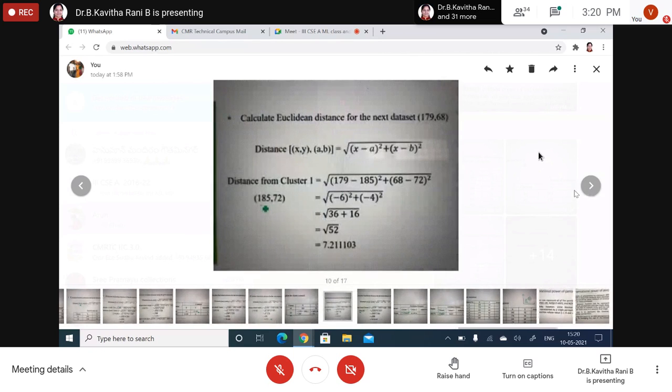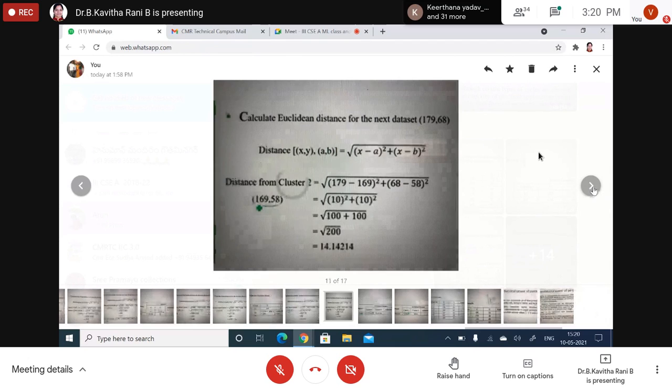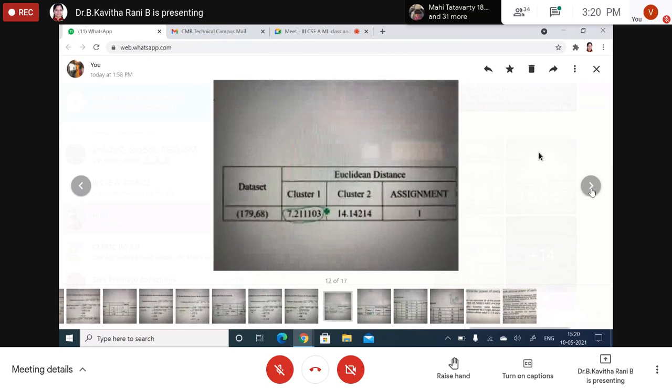Now again what you have to do, you have to find the Euclidean distance for the fourth row. Fourth row value is 179, 68. Now compare this with the first cluster and compare this with the second cluster. Now what has happened, from these two the minimum value is cluster 1.